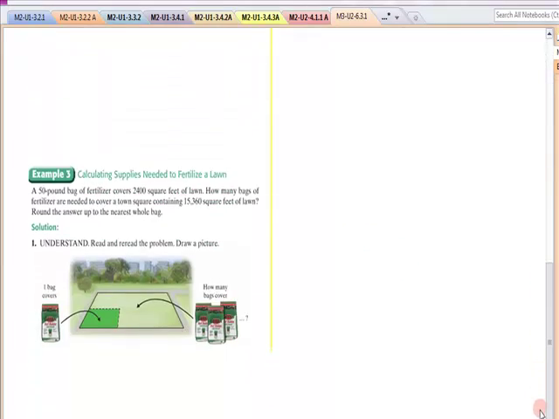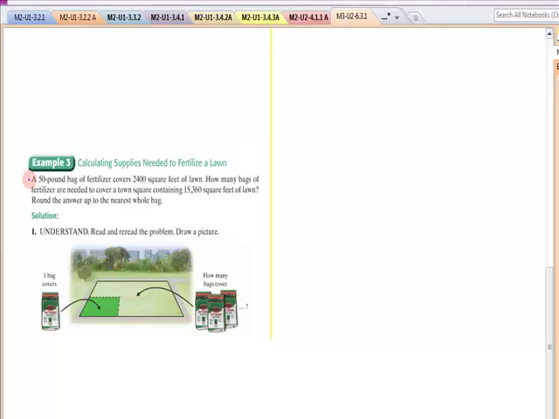In this next problem, it says a 50-pound bag of fertilizer covers 2,400 square feet of lawn. How many bags of fertilizer are needed to cover a town square containing 15,360 square feet of lawn? And it's talking about bags. So the fact that it is a 50-pound bag is really not something I need in my proportion.